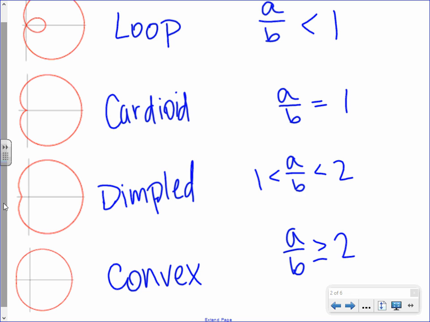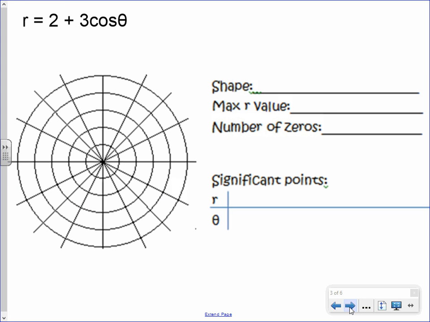Okay. All right. So guess what? We're going to do 4 examples. Okay, does that make sense? 4 examples for these 4 different types. Here's your first one. Write it down. R equals 2 plus 3 cosine theta.